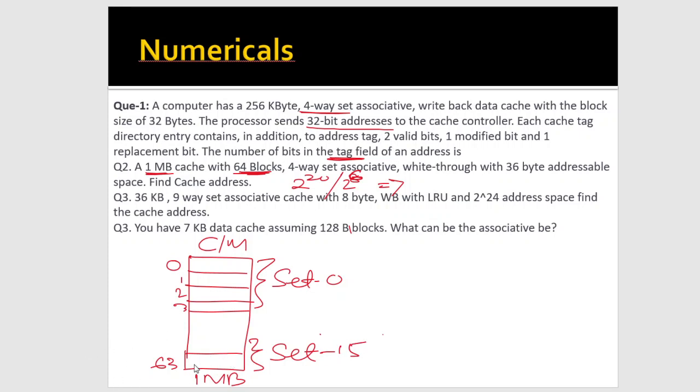Number of blocks is 64. 36 byte address space. So your total address line is 36. So it will be divided among three parts. One is your tag.